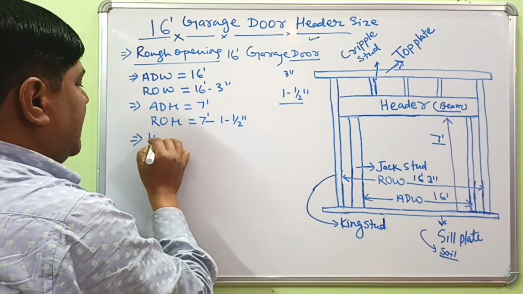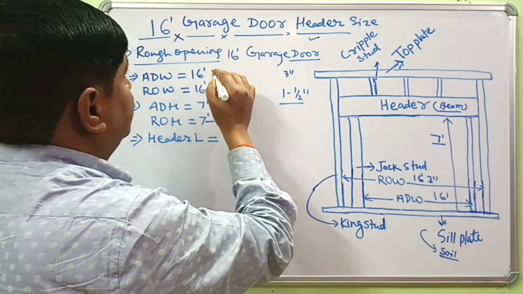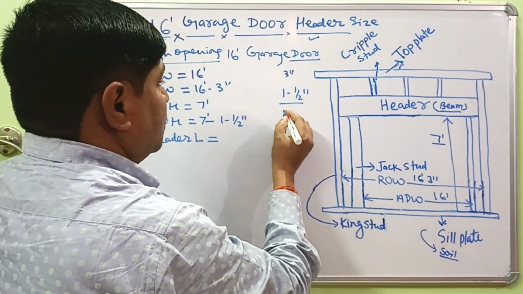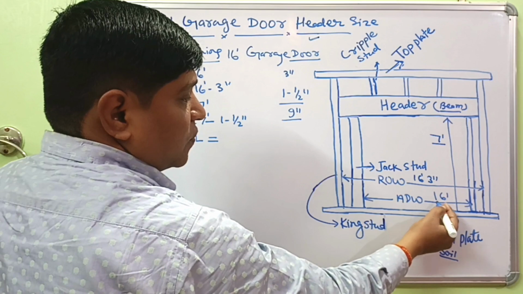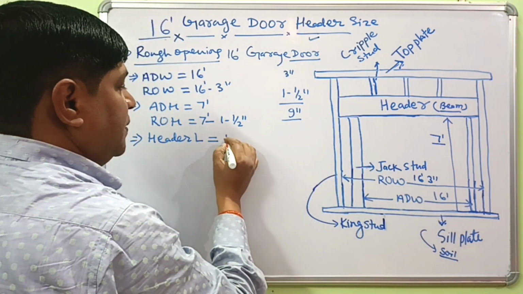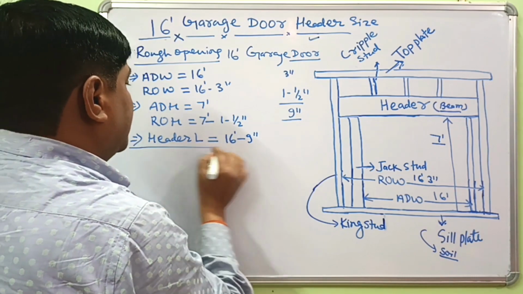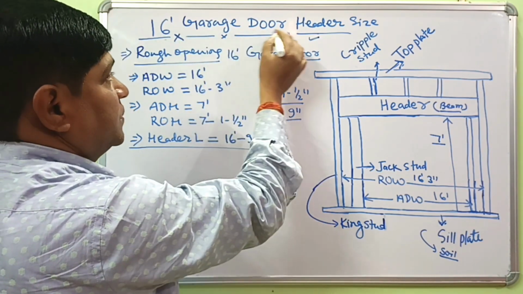And what will be the header length? For a 16 foot garage door, the header length is about 9 inches longer than the actual door width. That's why the header length will be 16 foot 9 inches. This is the rough opening required for installation of a 16 foot garage door.